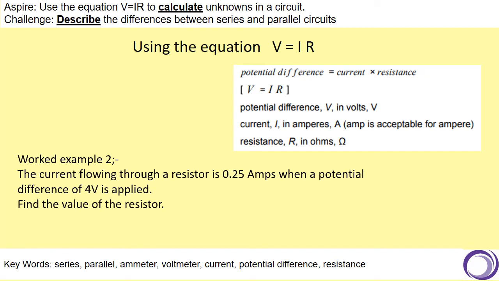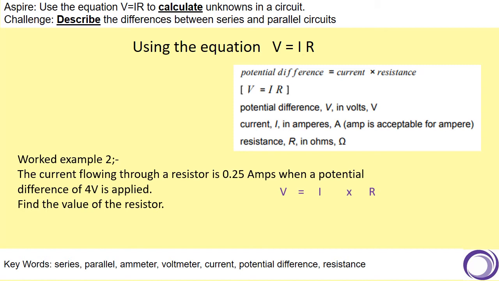If you want to use that as a worked example, pause the video and write it down. Worked example 2, bit trickier. Same equation though. Current flowing through a resistor is 0.25 amps when a potential difference of 4 volts is applied. This time I want you to find the value of the resistor. Same equation, V equals I times R. So you write your equation out. You've got to recall it, you've got to remember it.